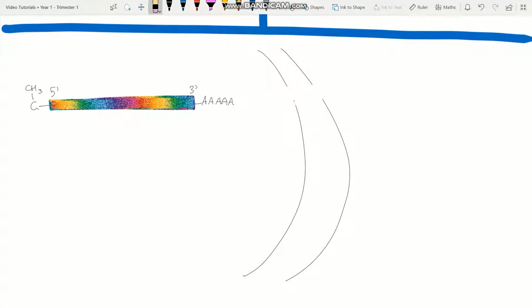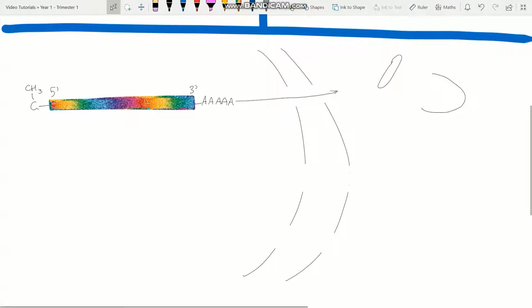Therefore, the RNA chain is able to pass through these pores in order to reach the cytoplasm. So, in a very simple manner, this RNA chain is able to squeeze itself through the nuclear pores in order to reach the small subunit, which I've denoted in this rectangle-like structure, and the large subunit, which is this more triangular structure.